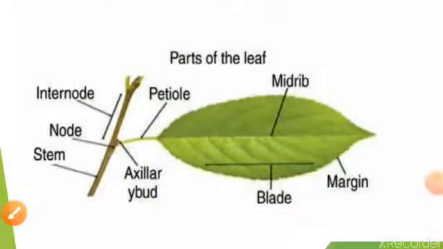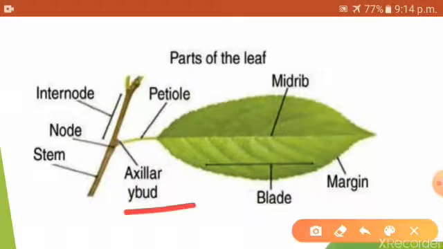Leaves of some plants possess a pair of lateral outgrowths on the base, on either side of the axillary bud. These are called stipules. Children, shall I ask one question to you? Can you give me the answer? Why are all the leaves green in color? Any guess?